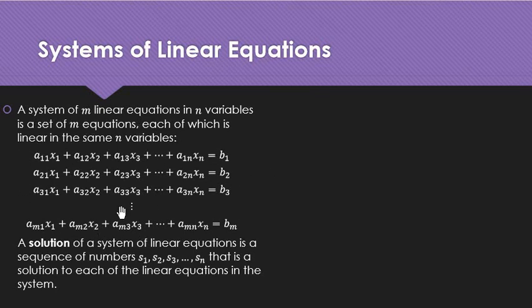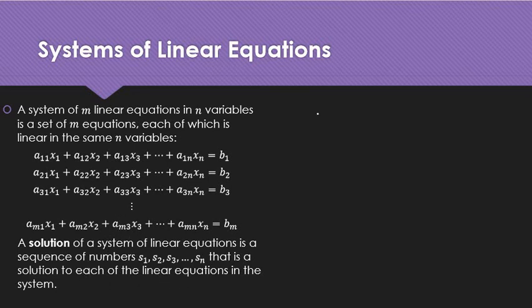So here is an example of the general form, and a solution of a system of linear equations is a sequence of numbers s sub 1, s sub 2, s sub 3 up until s sub n that is a solution to each of the linear equations in the system.